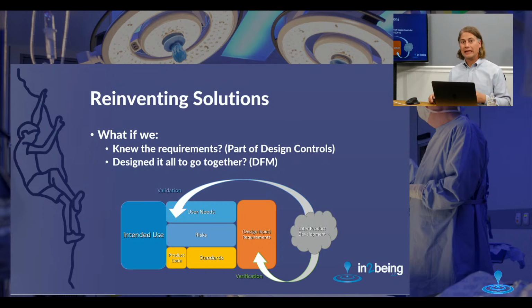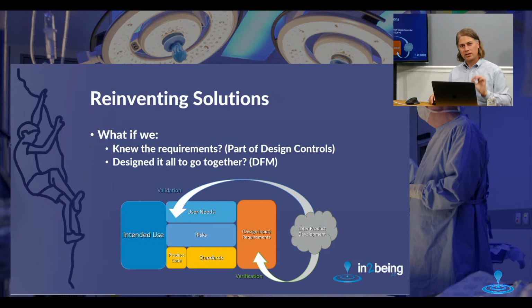Without these, it's like we're scribbling with crayons in our bedroom. We aren't the useful artist and we're not the MET artist. But these by themselves are not sufficient. They're not a recipe that instantly results in success, in de-risking. We haven't completely de-risked simply by saying, we're going to follow design controls, or we're going to do DFM.